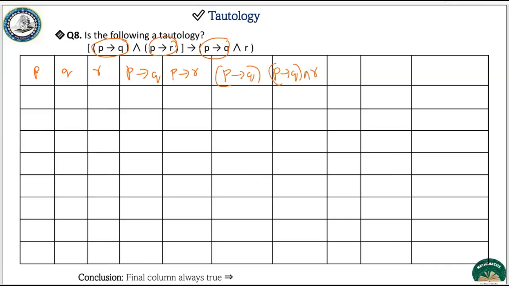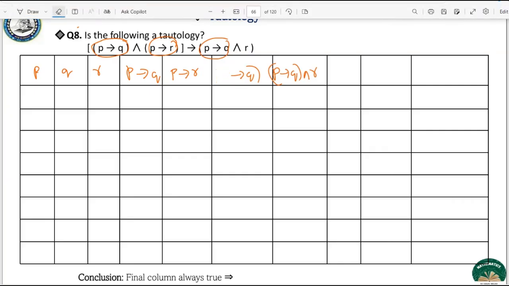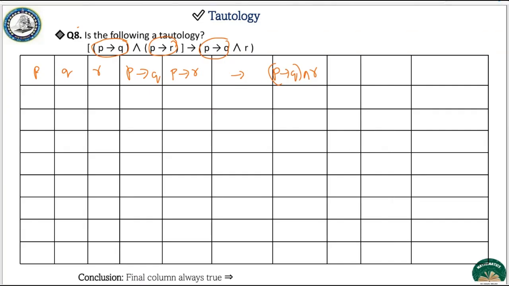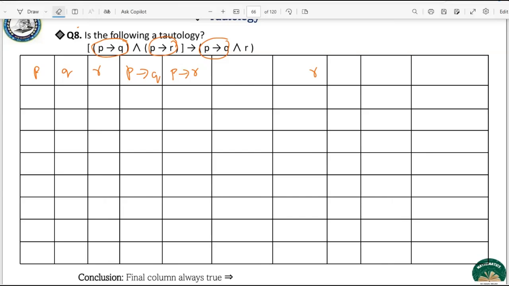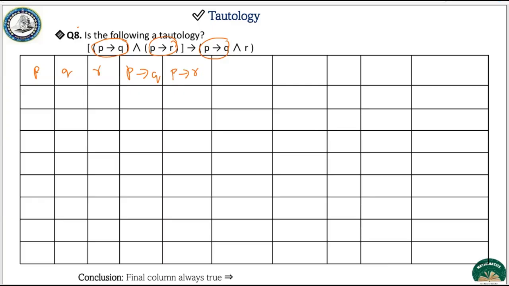Then before this we have one more. So here we have this we have to write. We'll write it as 1 and 2.